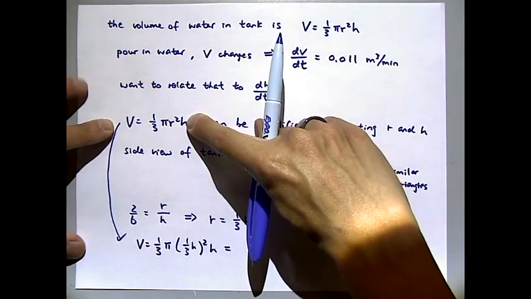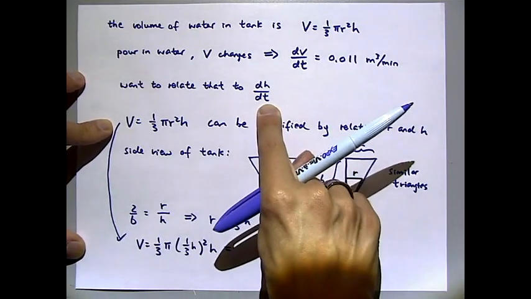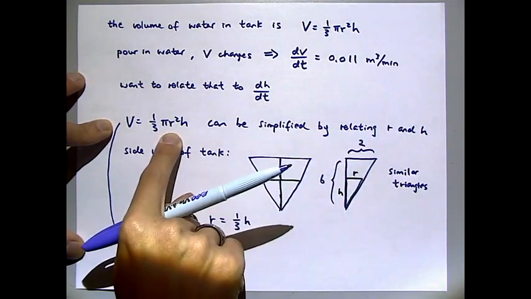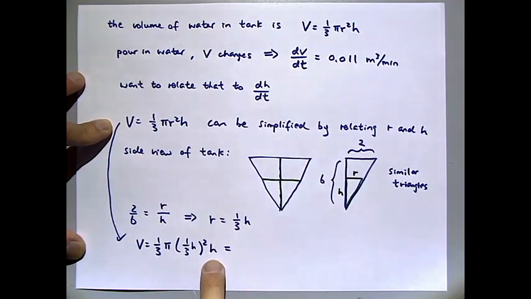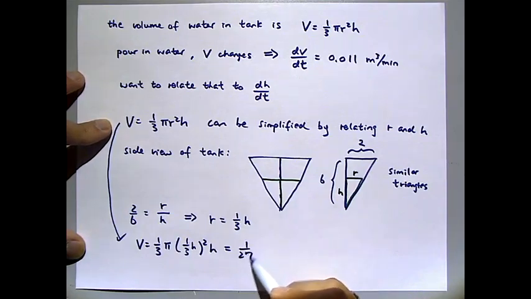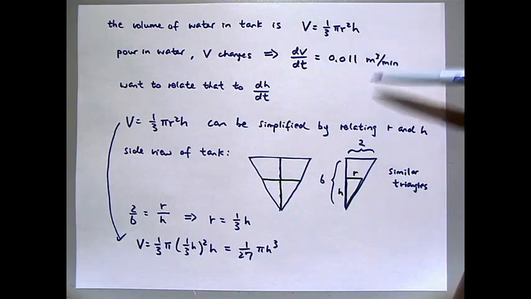If I go back to this equation, now I can get rid of R altogether. I don't care about R, I care about H. So this gives me 1/27 pi H cubed. All right, and that's all we need to relate these two things.